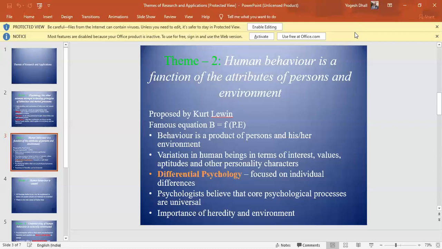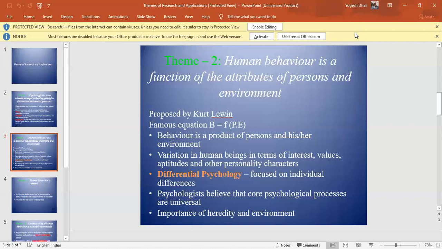But one thing should be kept in mind, that core psychological processes are universal. It means the main processes which are happening in our mind are common. Only outer behavior is different. It means inner processes are the same, like neurons transmit information, our brain works in a similar manner, still behavior is different.